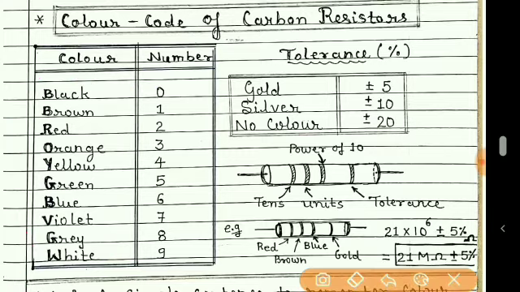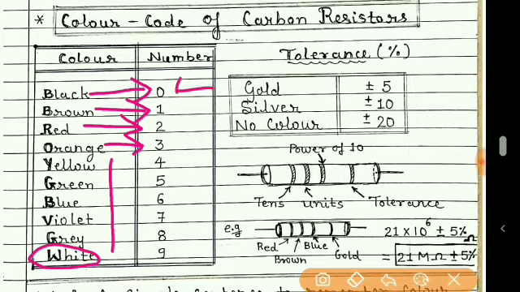Here black color represents 0, brown represents 1, red represents 2, orange represents 3, and so on up to white. So the numbers are from 0 to 9, means all 10 digits are given and their respective colors.